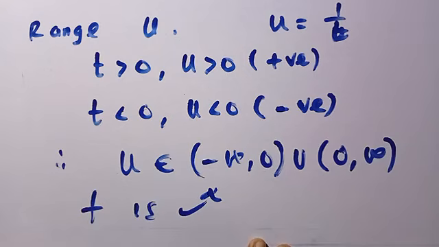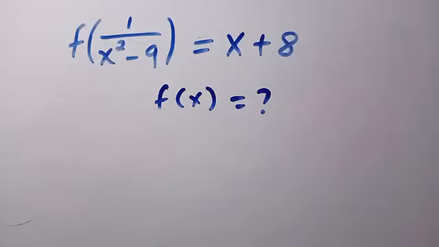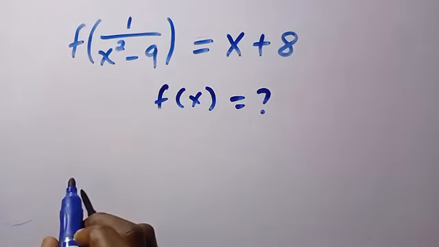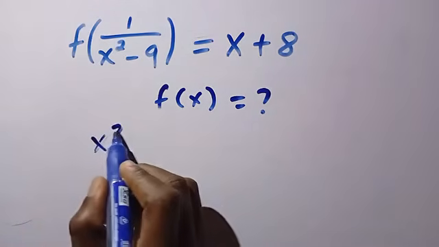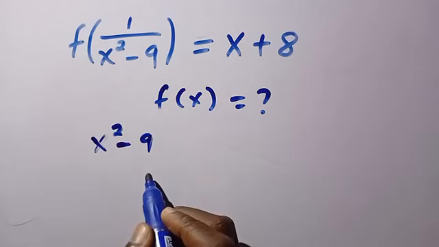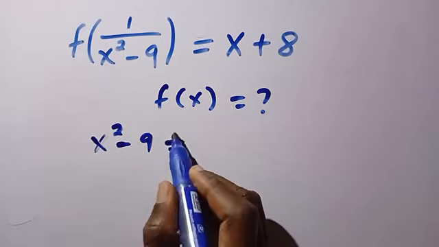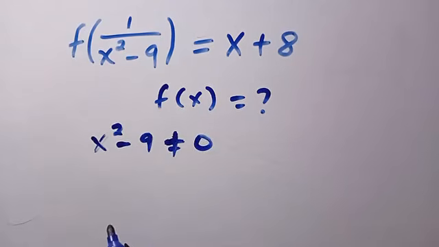explicit function of f of x, from where we have f of 1 divided by x squared minus 9 equals x plus 8. Before solving for f of x, we have to understand something here as well: suppose x squared minus 9 is not equal to 0.